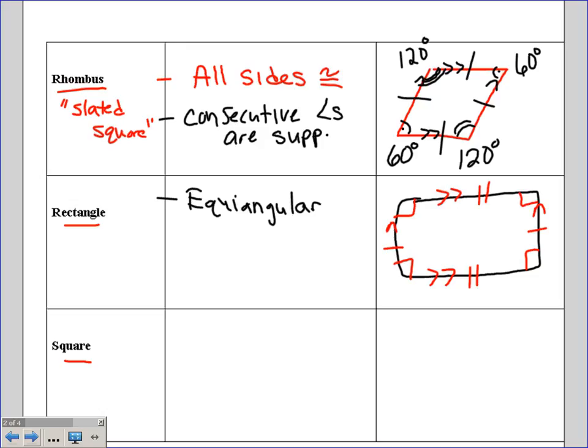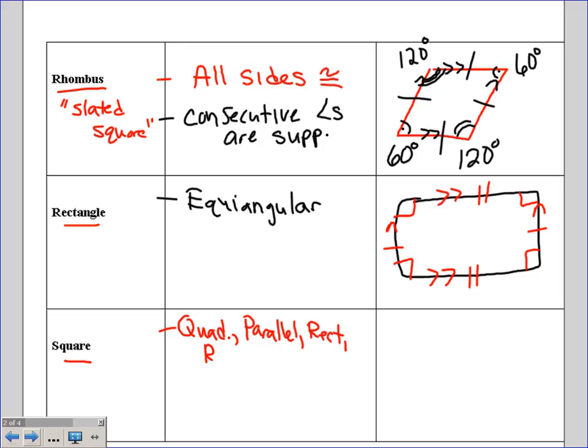Square. All I'm going to write down here is that it's a quadrilateral. So it has all the characteristics of a quadrilateral. It's also a parallelogram. So it has all the characteristics of a parallelogram. It's also a rectangle. So it has all the characteristics of a rectangle.